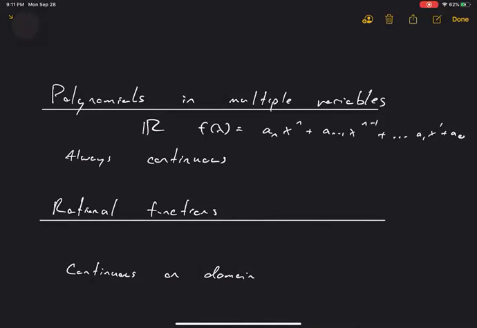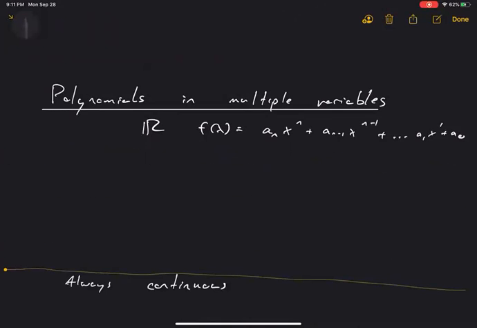That's a polynomial in one variable. But we also have polynomials in multiple variables. What does that look like?